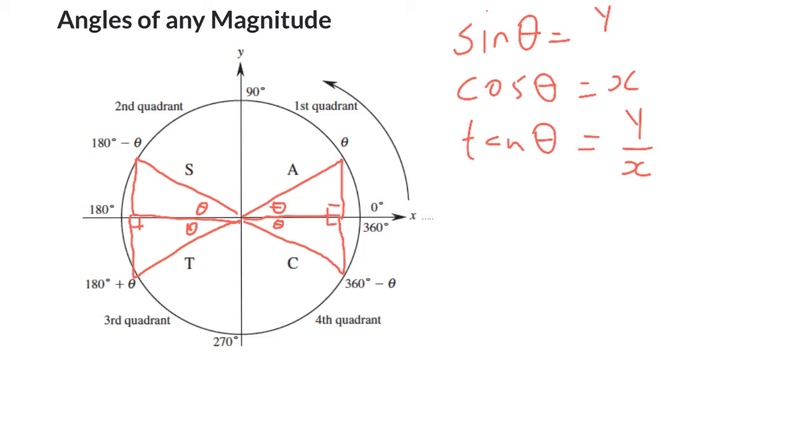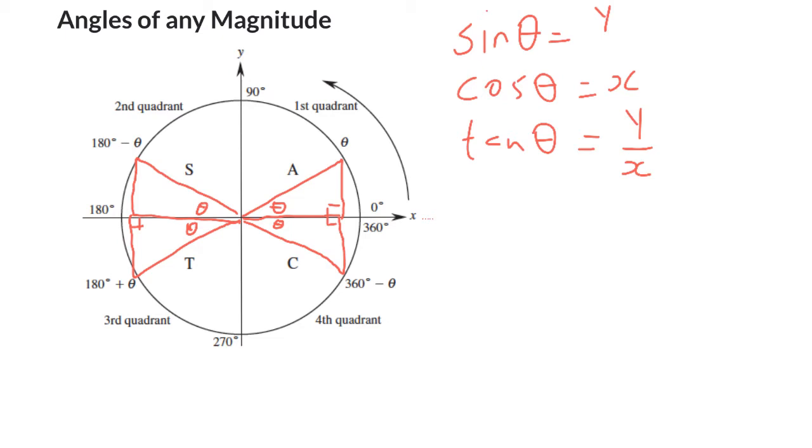Now, where both x and y are negative, we actually get a doubling up effect for tangent, which is why down here tangent is positive, because we have a negative y over a negative x. And the ones I'm not describing here as positive are negative as well, except in the first quadrant, because everything is positive in the first quadrant.